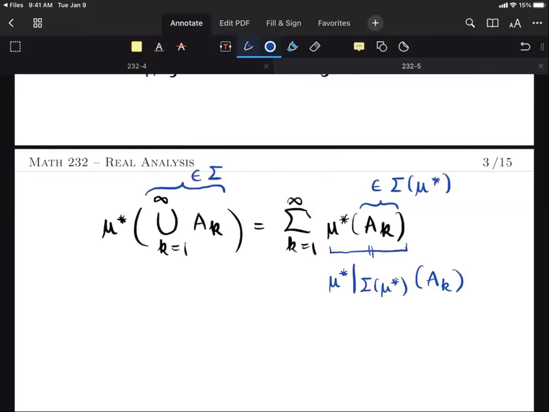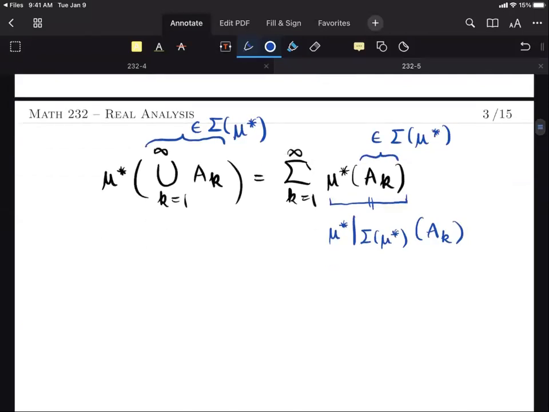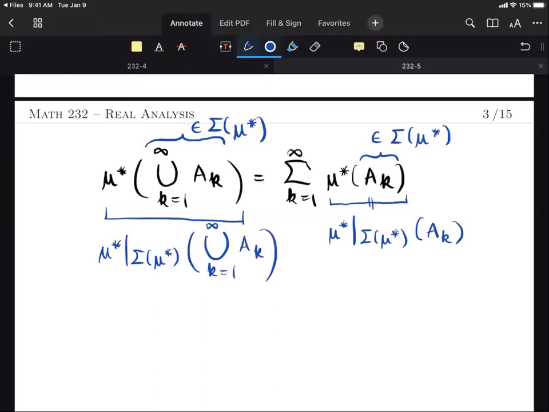This is also measurable since the collection of measurable sets is a sigma algebra. And this left-hand side will be the same as the outer measure restricted to sigma of mu star of the union. Hence, these two are the same.